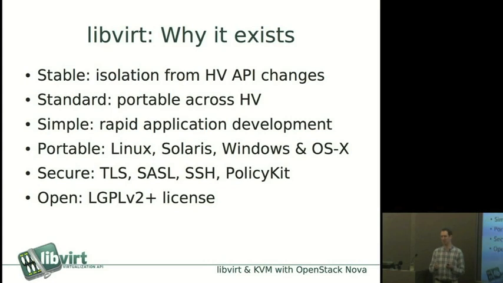Libvirt's aim is to make simple things simple, which is always good. It's portable. Primarily, we manage hypervisors on Linux, but we've also got support for Windows and OS X and Solaris to varying degrees. And it's LGPL licensed.